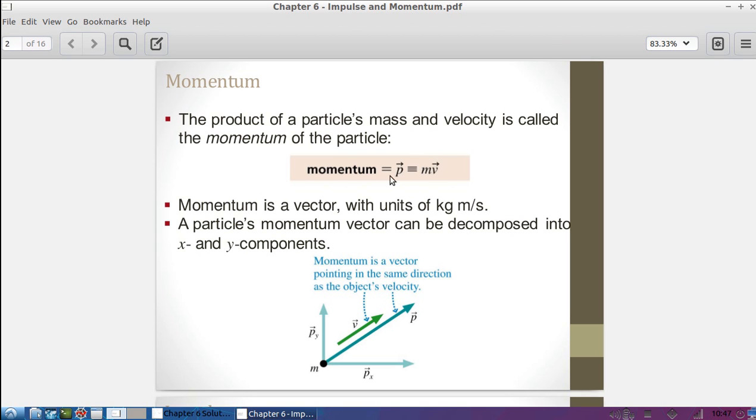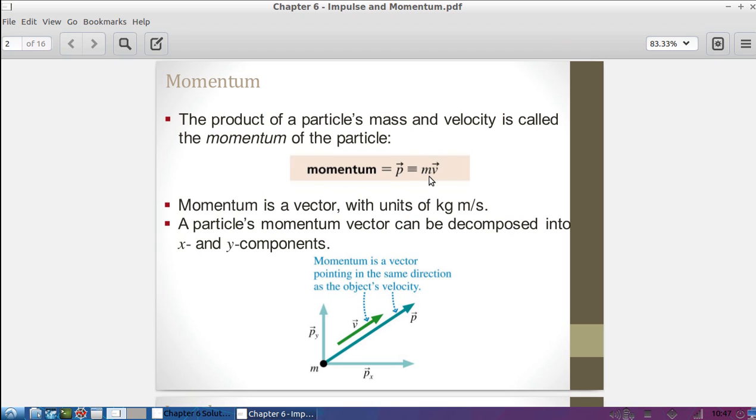So we can see by this equation that if I'm stationary and my velocity is 0, my momentum will be 0. If my velocity is changing with respect to time, let's say that's a delta v over delta t, my momentum would be changing.